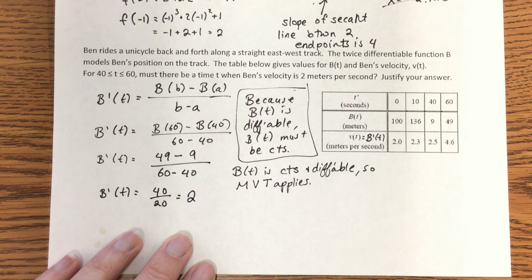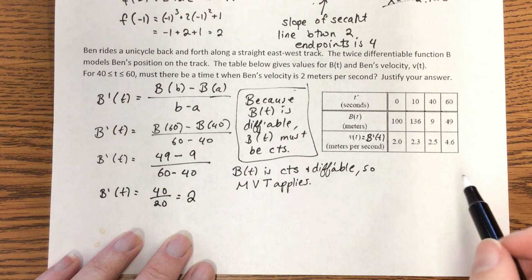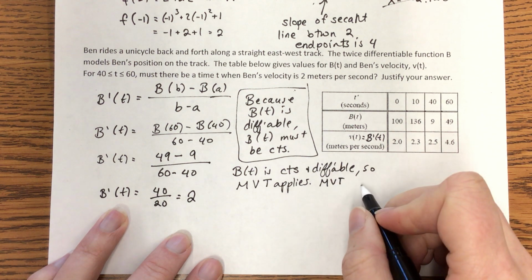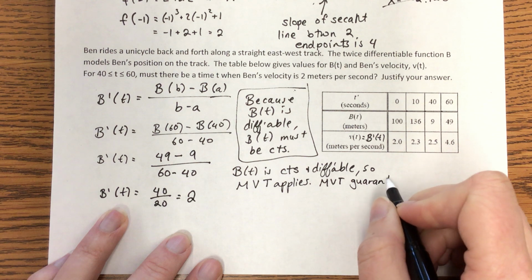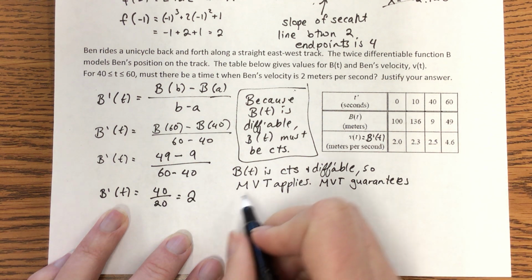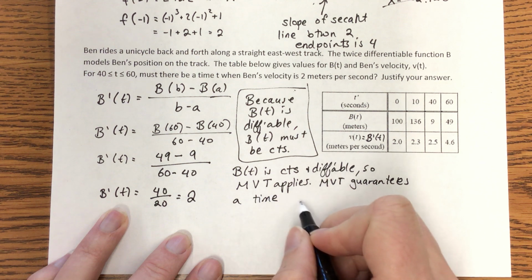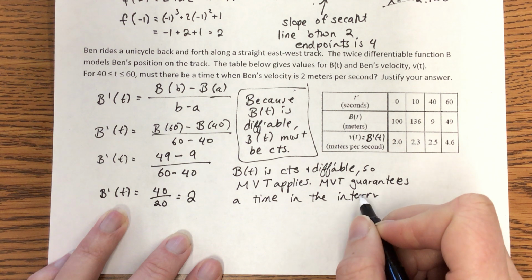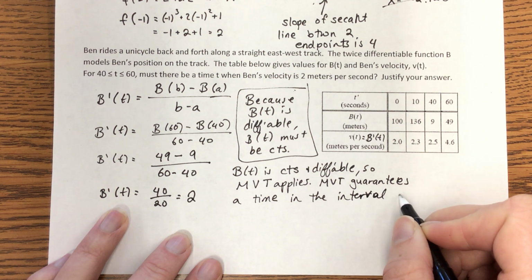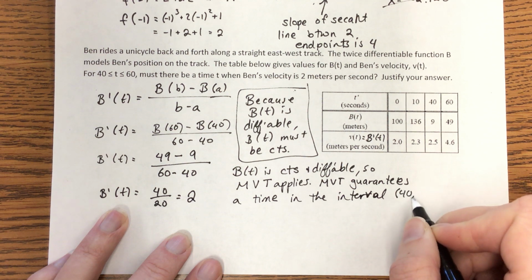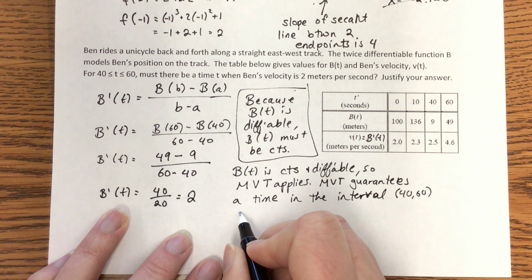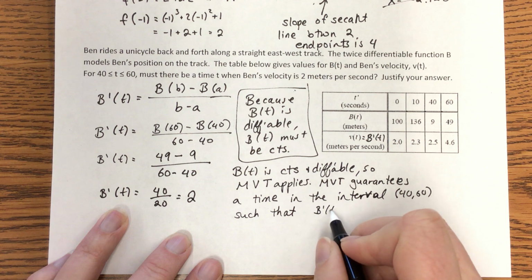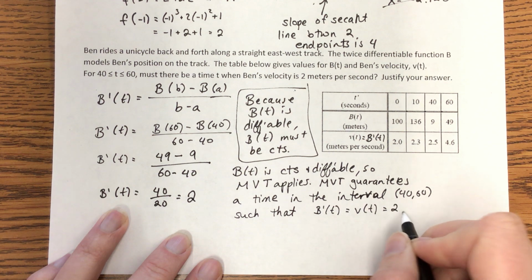The mean value theorem guarantees a time in the interval from 40 to 60 such that b prime of t, which is v of t, equals 2.